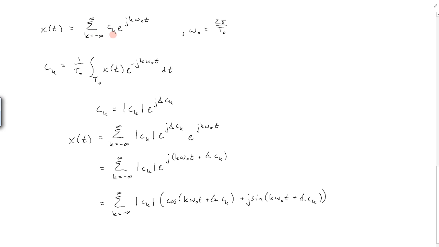We have a summation of these complex exponentials, which is nothing more than sinusoids, at integer multiples k times the fundamental frequency, omega 0. So we are adding how much of a particular sinusoid at a given integer multiple of the fundamental frequency, and the angle tells us where to place it relative to the origin in order to recreate our original signal.